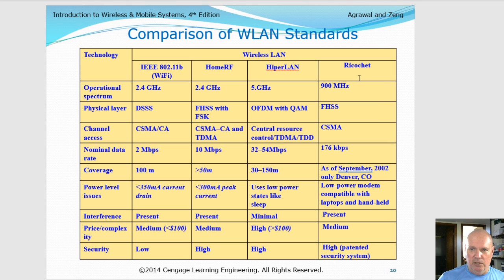But I wanted to mention them briefly because you're not going to run into these as current technologies, but you might find them mentioned at some point. And you should be aware that they were intended as competing networks to Wi-Fi, but essentially lost that battle. I'm going to end this lecture here.